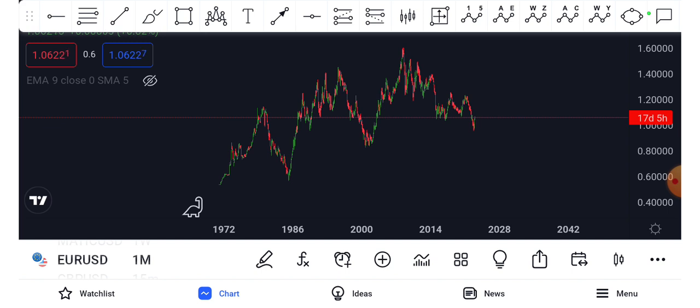As you can see, there are two types of trend. You have the swing trend and you have the regular trend. Now, let me show you what I mean.